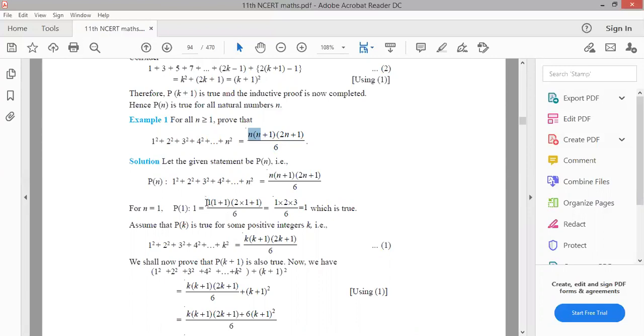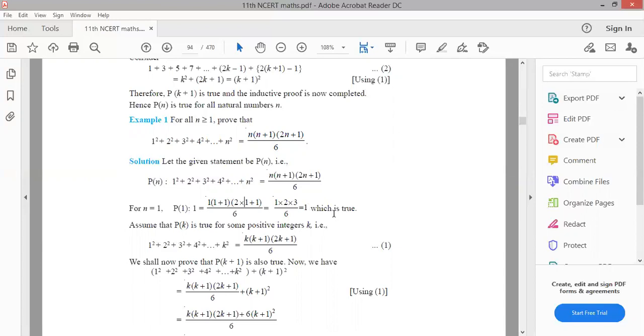So n equal to 1 gives this term. If we simplify this, it will be 1 into 2 into 3 divided by 6. So this and this cancel, and we are left with only 1. So you see that 1 is equal to 1, which is true.